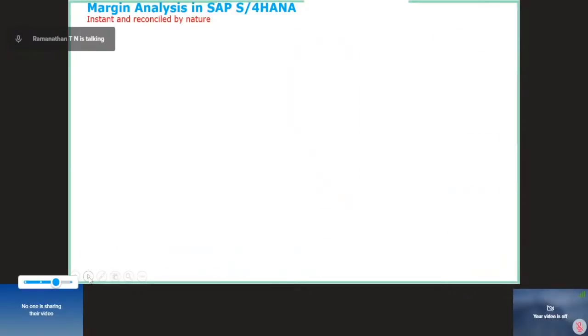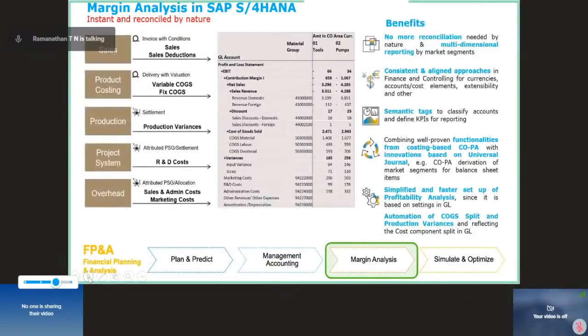So having said that, we are all familiar with numbers, right? So how it is getting achieved is something we should know, right? So typically this is the whole structure. We have sales, we have cost of production, we have production costs or the variances we call it, or we have overheads, right?